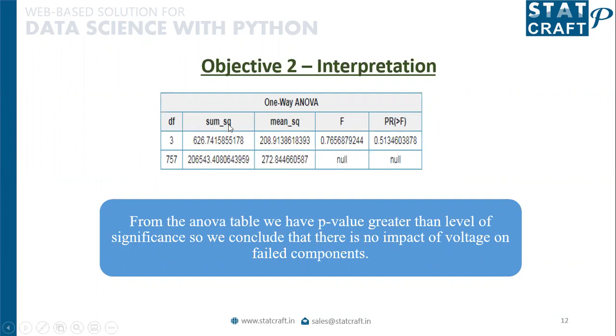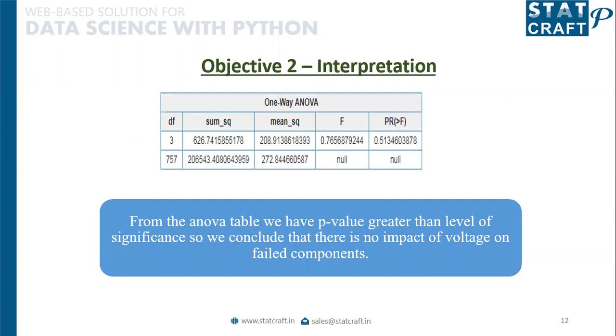If you take the sum of squares and divide it by the degrees of freedom, you should be able to get the mean square. The ratio of the mean squares will produce the F statistic, and the probability value is computed for the F statistic. As you can see, the probability value is 0.51.